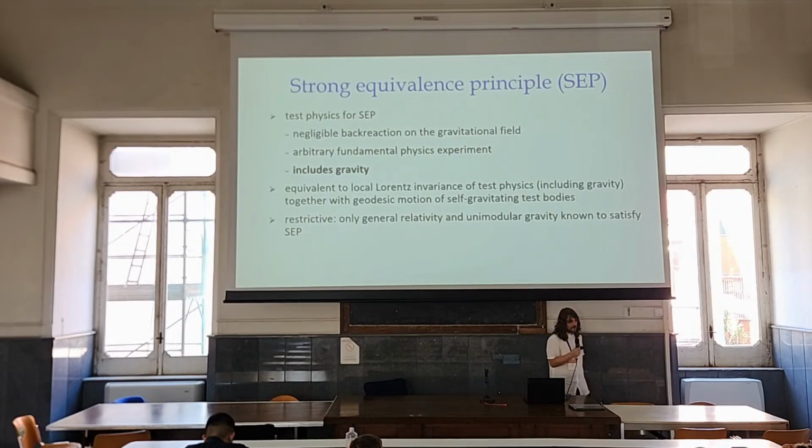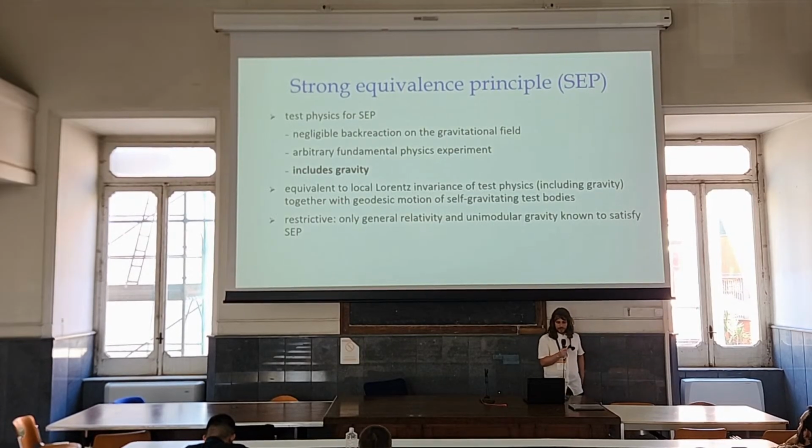But also one thing that must be included are gravitational test physics phenomena. For example, motion of test particles with non-negligible self-gravity, including small black holes, neutron stars, and so on, or the propagation of gravitational waves, if you treat them as a small perturbation on a fixed background whose back reaction can be neglected.